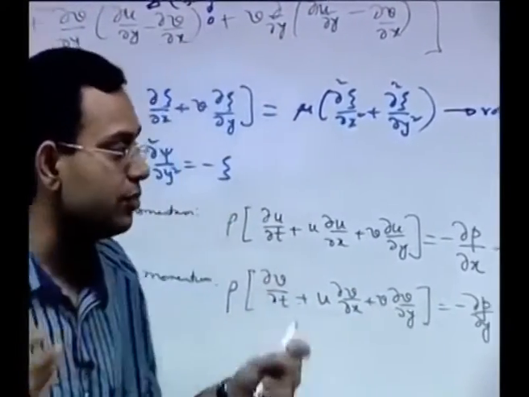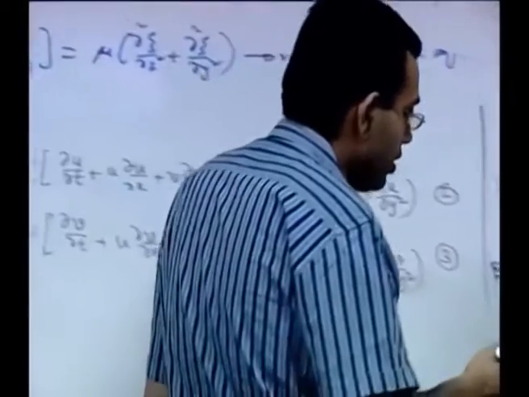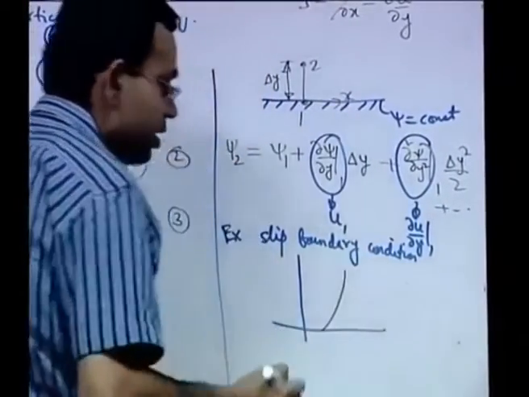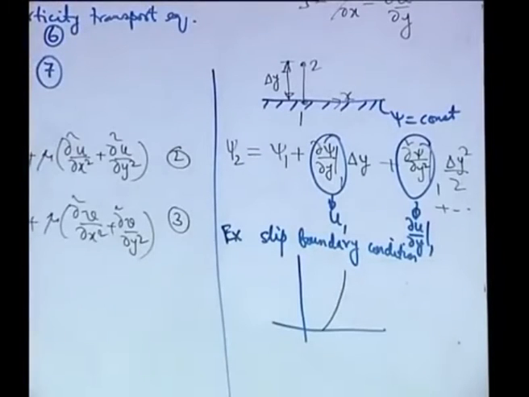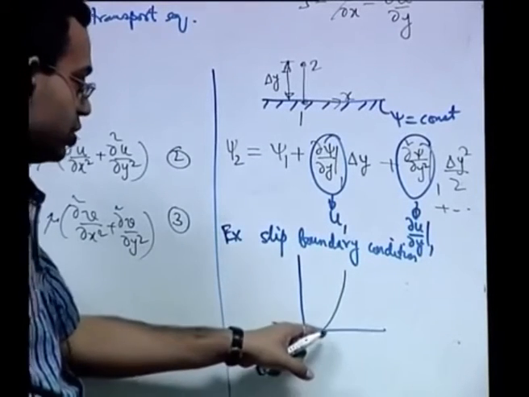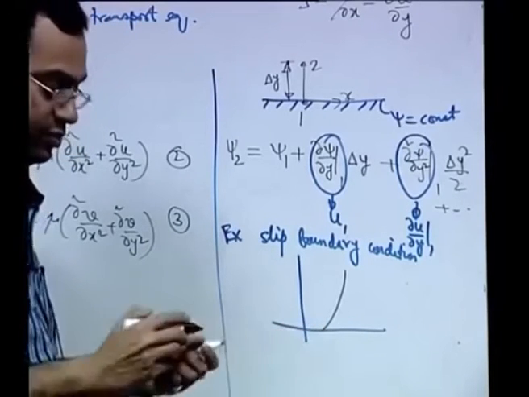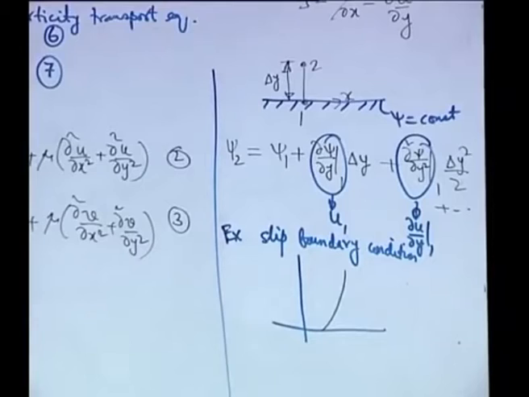There could be several other possible mechanisms of slip. Now, once you have such a slip, you have the velocity profile which does not show 0 velocity at the fluid solid interface. So, then what do you do?